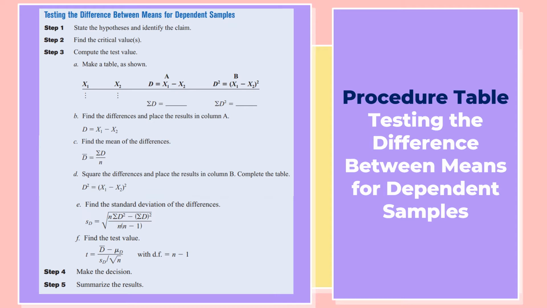We have A, B, C, D, E, and F. So, on step A, gagawa tayo ng table. As you can see on our picture, gagawa tayo ng table, and then sa next step, magko-compute na tayo. We complete the table. And then hanggang 6th step is yun na yung final step to find the test value.